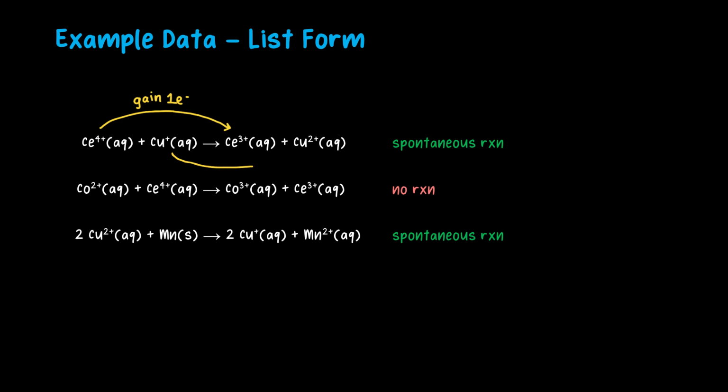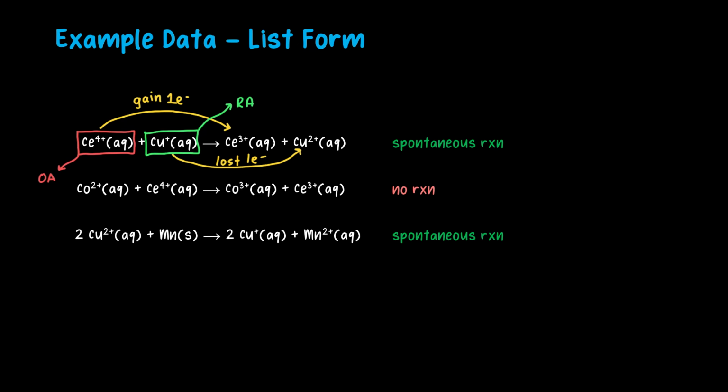So copper lost 1 electron. And so what we can determine from that is that Ce4+ is our oxidizing agent. It was reduced. And Cu+ was our reducing agent as it was oxidized.